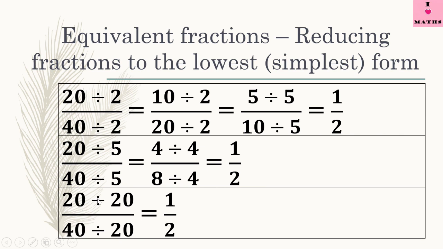So, 20 divided by 20 is 1 and 40 divided by 20 is 2. So, children, in only one step, the child was able to come to the answer 1 upon 2. So, all the three ways are absolutely correct.